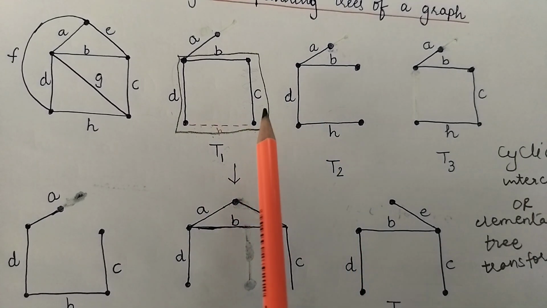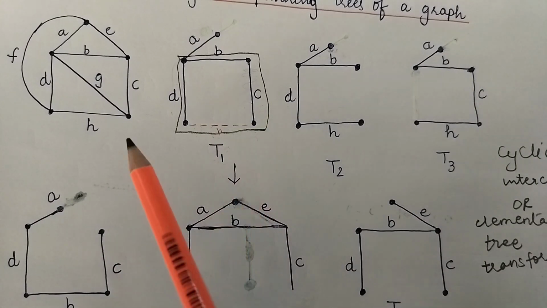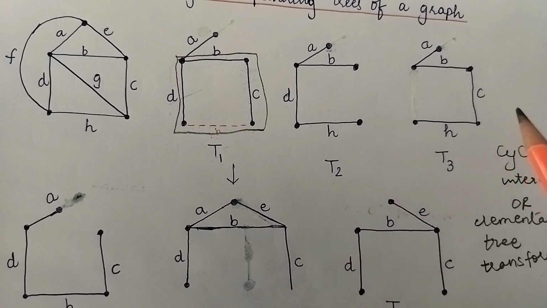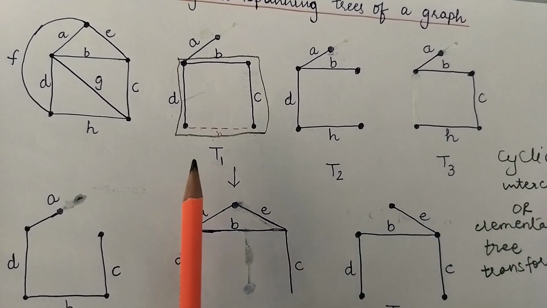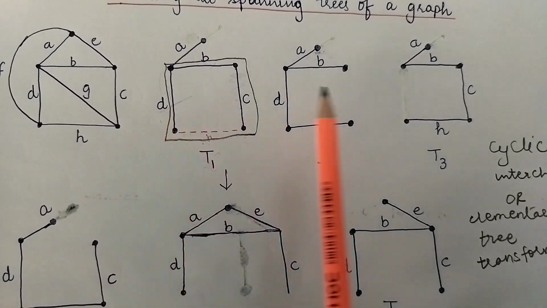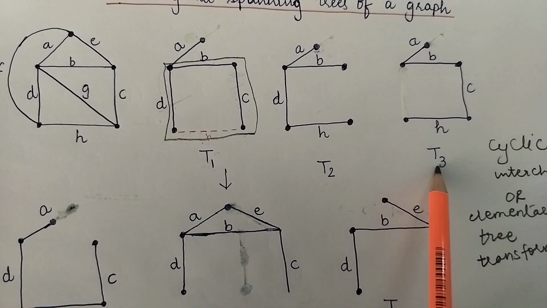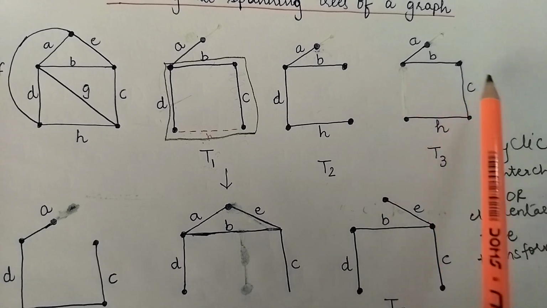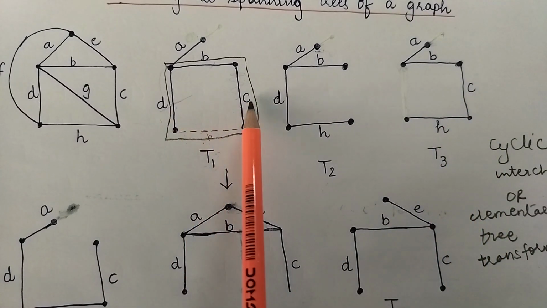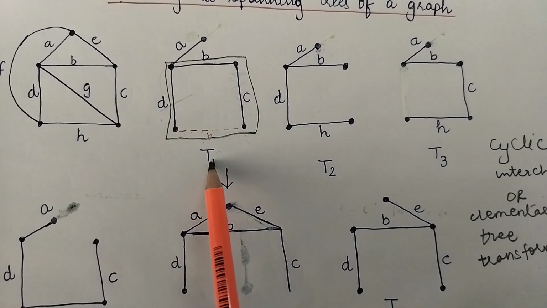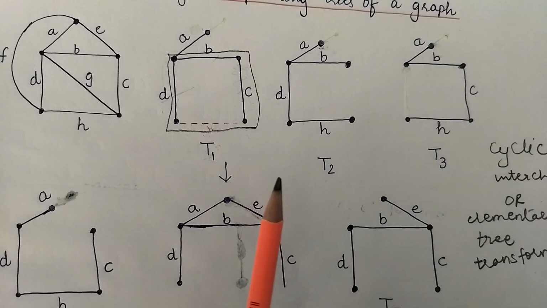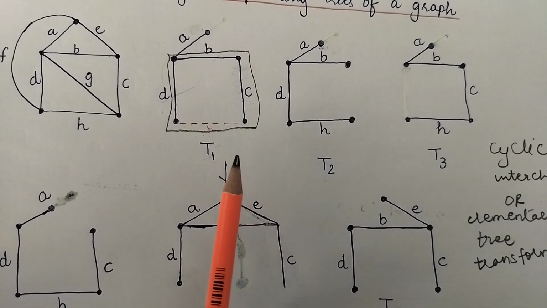Now if instead of deleting branch C, we had deleted branch D or branch B, we would have obtained two additional spanning trees. Like here you see, if instead of deleting branch C, I delete branch D, then I get this particular spanning tree T3 with the edges A, B, C and H. And instead of deleting branch C or D, if I delete branch B from the spanning tree T1, I will obtain another spanning tree, right?